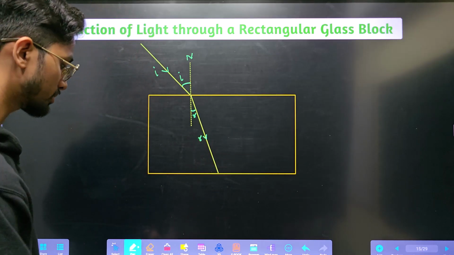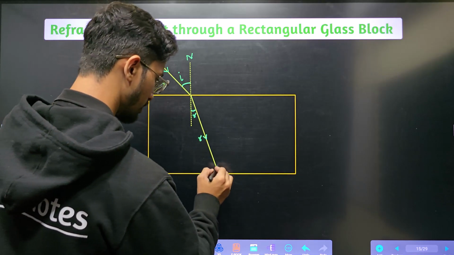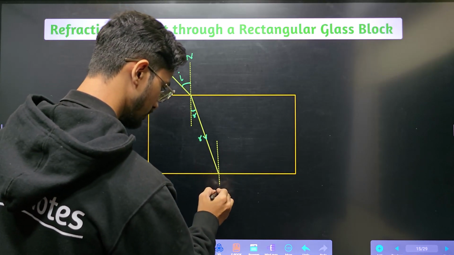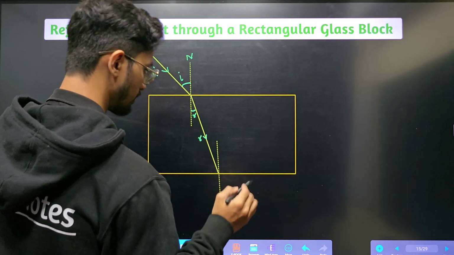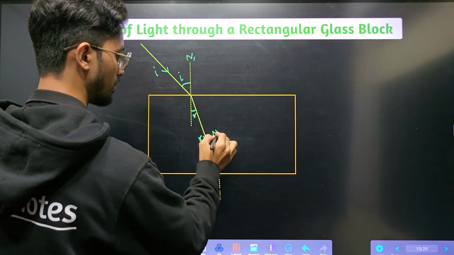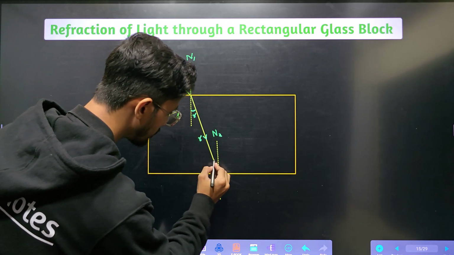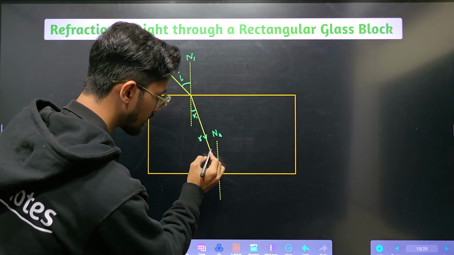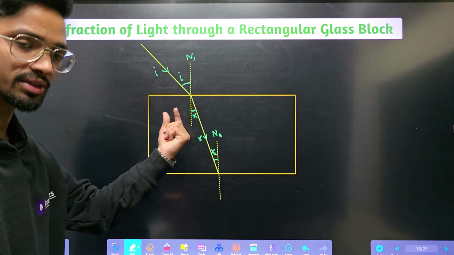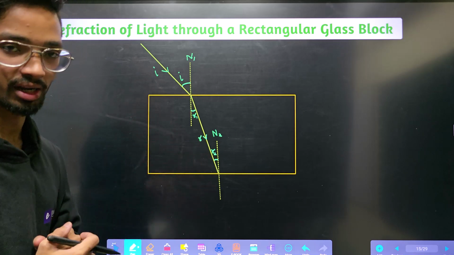Now again, this will be our normal. This is normal 1, so this will be normal 2. This is R1 and this will be R2, the first refracted angle and the second refracted angle.